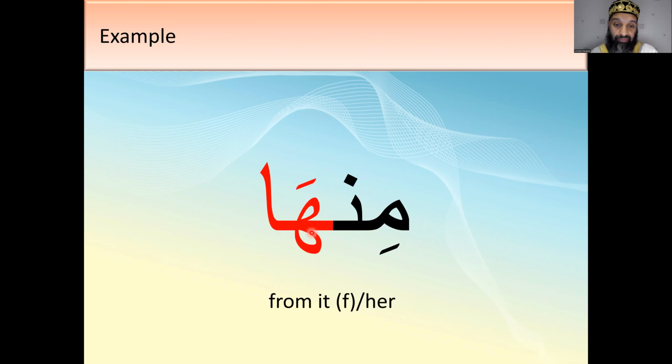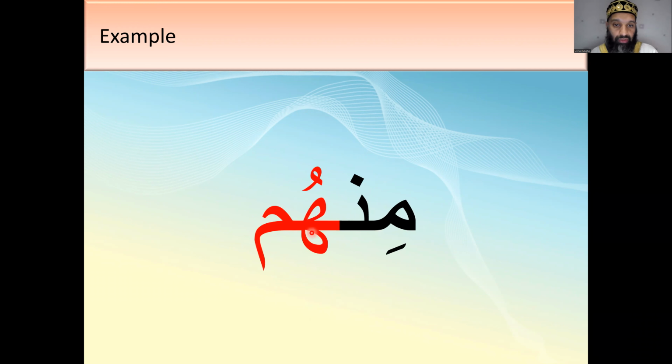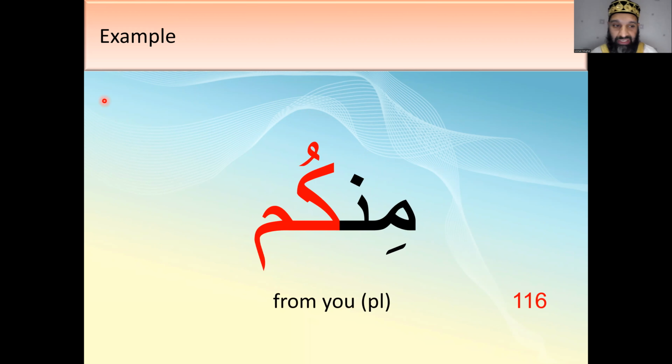Minha, from her, or from a feminine thing. Minhum, from them. Minkum, from you all. You must be realizing, oh yes, I've seen these in the Quran many, many times. So you just have to learn the meaning of the first word and what the template means.